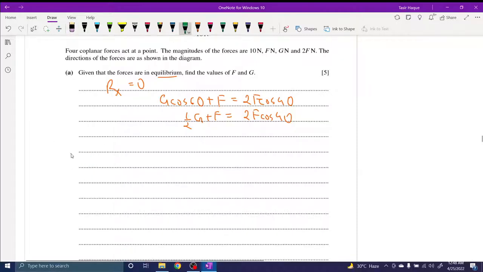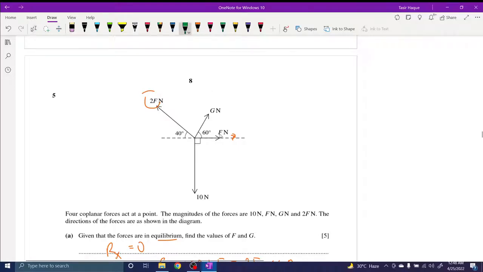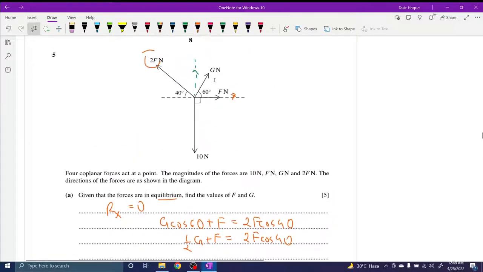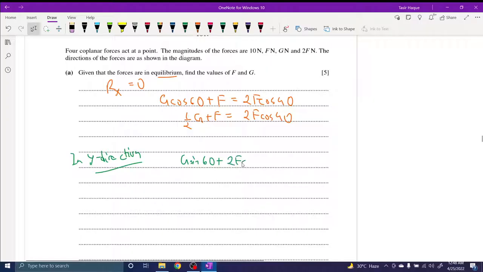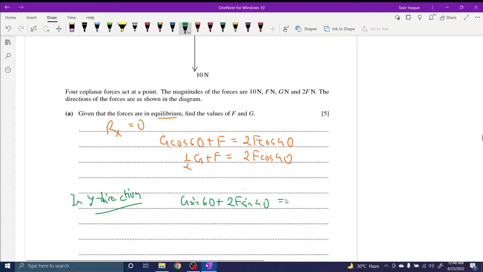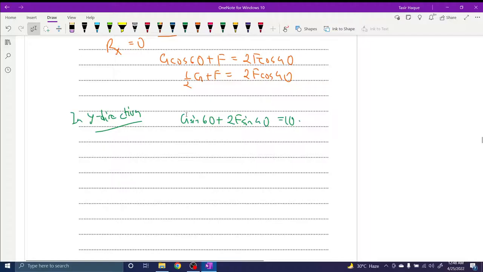In the Y direction, G sin 60 plus 2F sin 40 is equal to 10. Root 3 by 2 G plus twice F sin 40 is equal to 10.